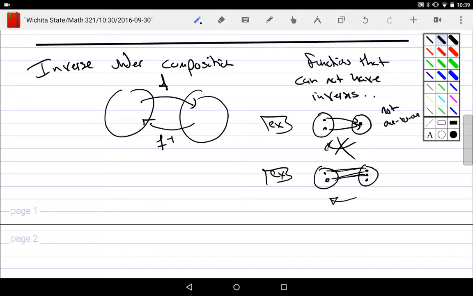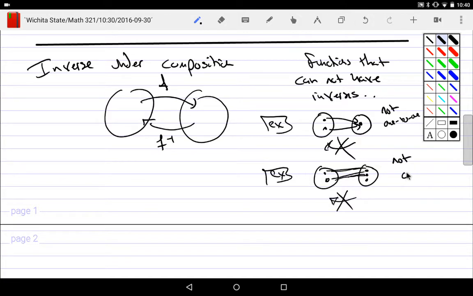If students are my domain and chairs are my codomain, to be a function, everybody must sit. I can't have a standing student. Everybody in where you're coming from must be used. Where is he going? Nowhere. Not a function. So if I have somebody going nowhere, that can't be a function.